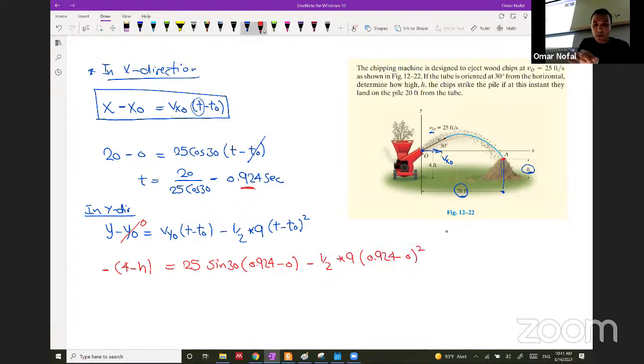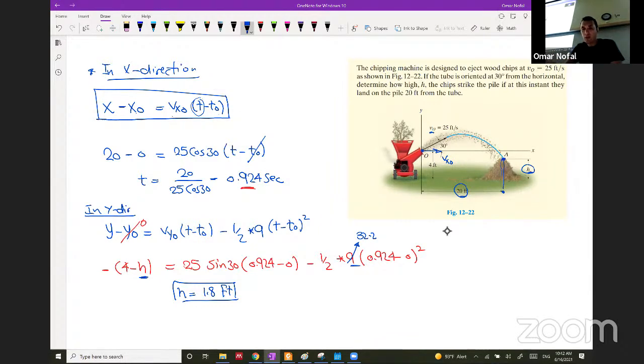So the only unknown in this equation is h, and you can solve this simple problem. Just take care about the signs of g. Since we're in feet, g is 32.2. You will finally end up with h equal to 1.8 feet. So that means the point h is 1.8 feet. This is the solution of this problem.